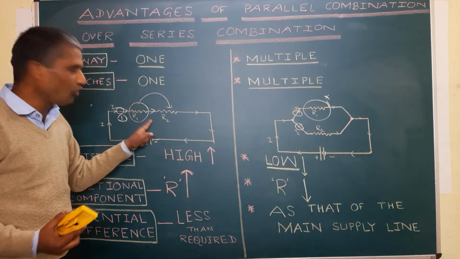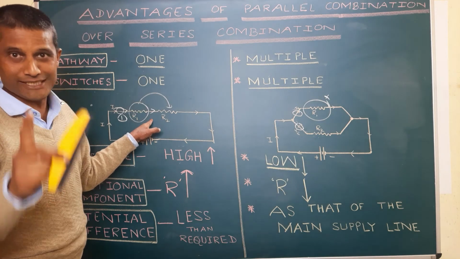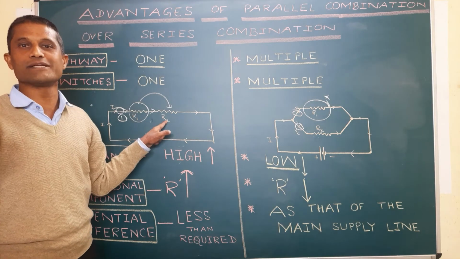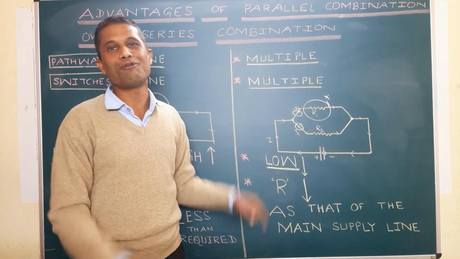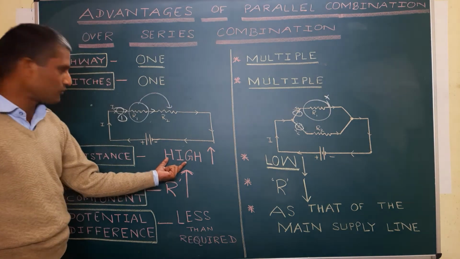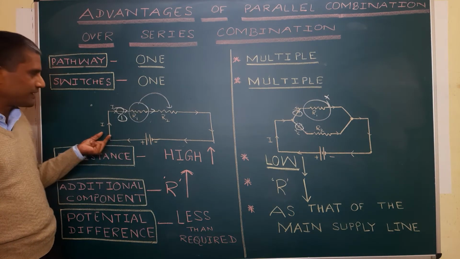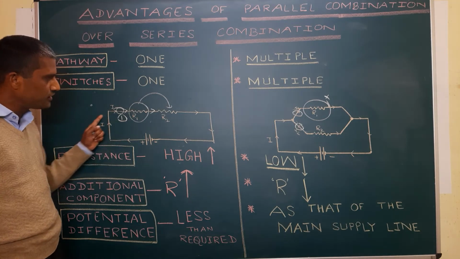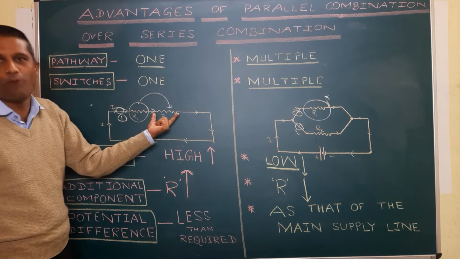More the resistance, more the opposition to the flow of electric current, and that shows that each and every resistor will not get the appropriate amount of electric current. And resistance is high because it is just like traffic. Vehicles are running through one lane, one single road, so there would be more and more opposition.